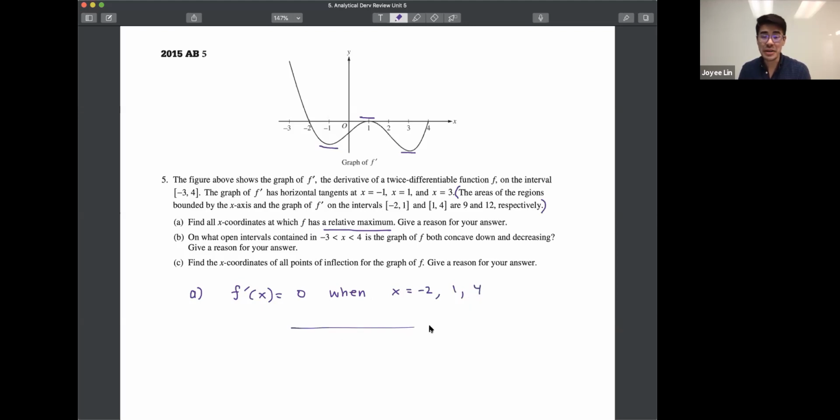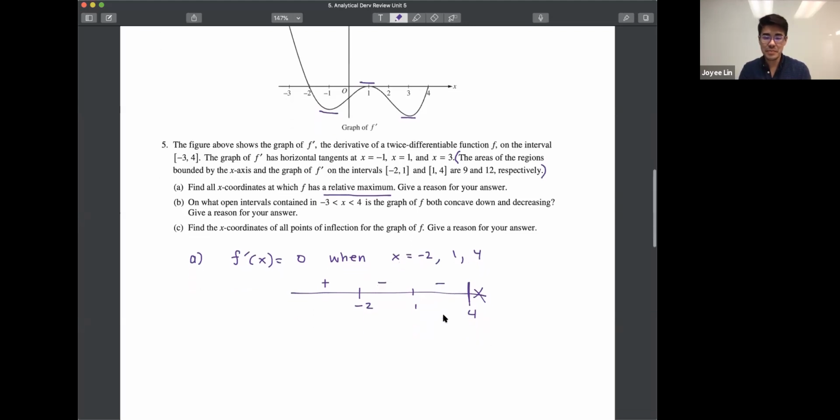Then you can do a number line test, right? Negative 1, negative 2, 1, and 4. 4 is the boundary, so you just don't need to go past that, nothing past there, right? Negative 2, it's above the x-axis, then it's below, and then it's below, right?